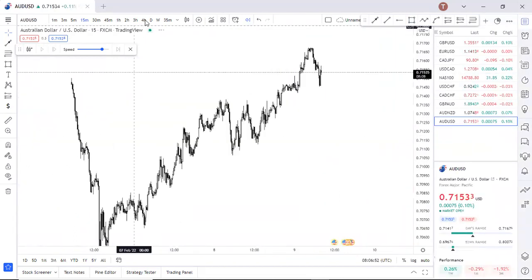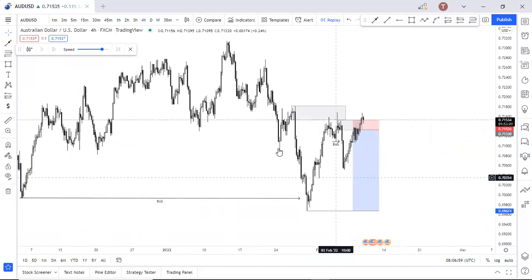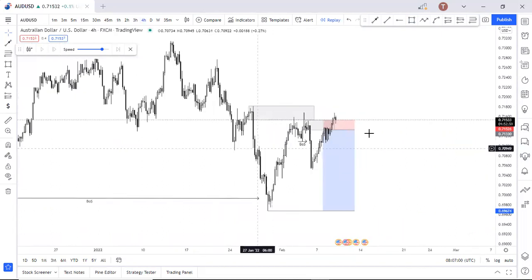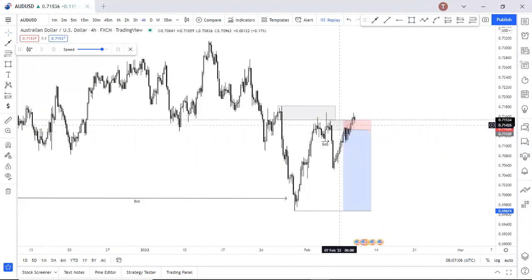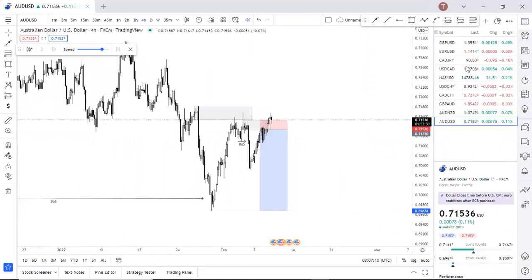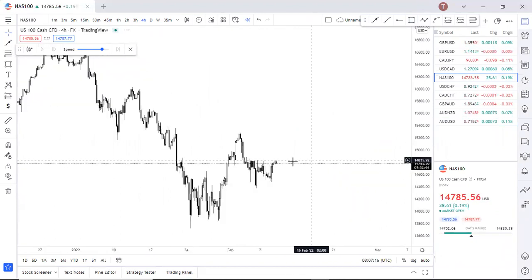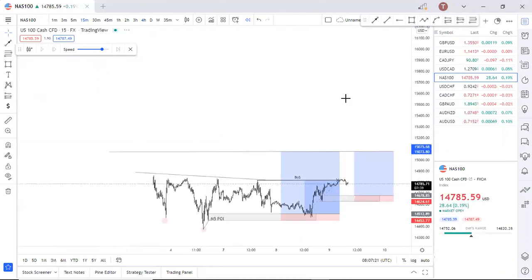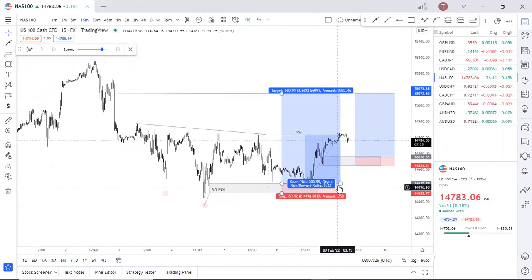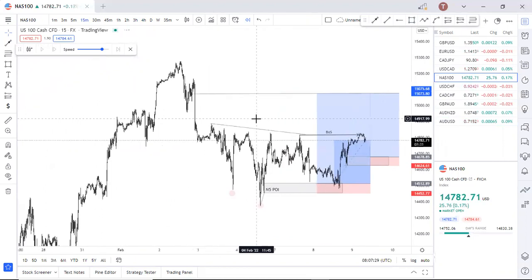I was expecting a sell on AUD USD, but apparently the market decided to shoot up, so I took a loss on AUD USD yesterday and also AUD NZD, but I was able to make profit on NAS100, and I still have positions running, because my final target is this H1 imbalance fill. So that's how I was able to catch 300 pips.